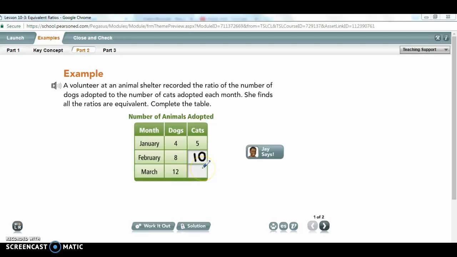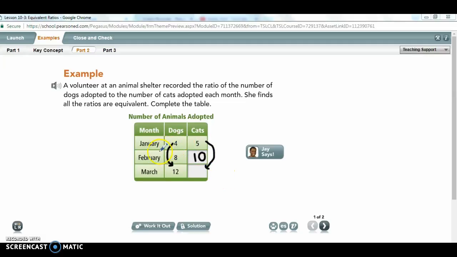What you can do is find a pattern. Notice that we're counting by 4s here. 4 plus 4 is 8. 8 plus 4 is 12. So then we could count by the same terms over here, count by fives: 5, 10, 15. Or more mathematically, realize that we need to take something times 4 to get to 12, and then multiply that same number to get to the missing one.